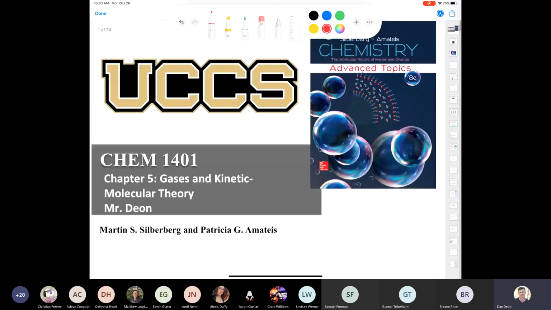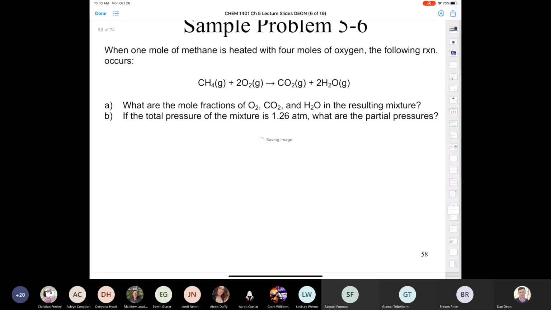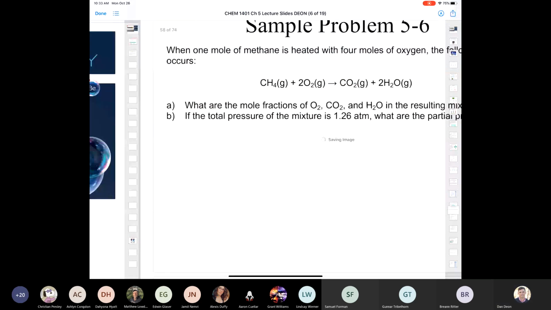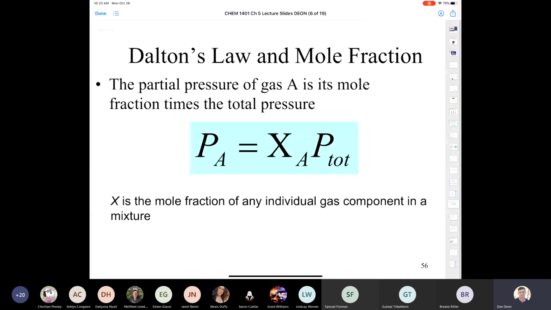And that's the equation that's on the next slide. This one right here, Dalton's law of mole fraction.